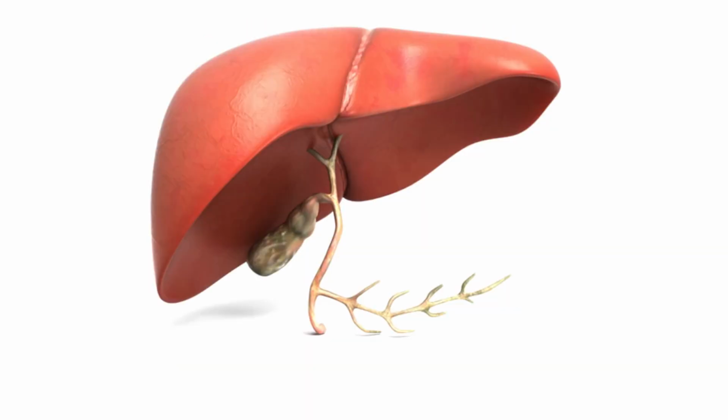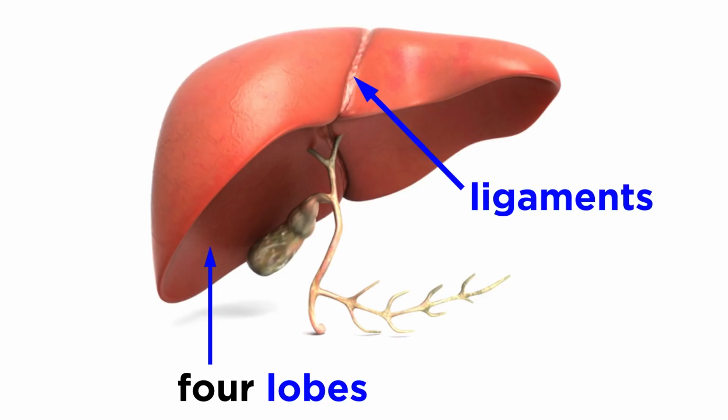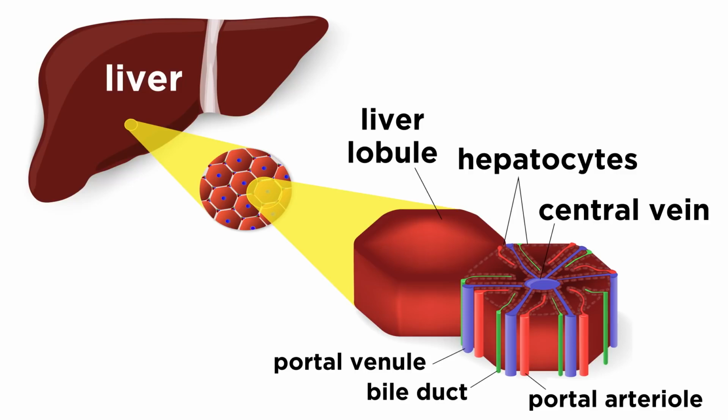Looking more closely at the liver, we see 4 primary lobes separated by ligaments. Zooming in more closely still, we see smaller units called liver lobules. These are hexagonal structures made of liver cells called hepatocytes, radiating outward from a central vein and with a portal triad at each corner.